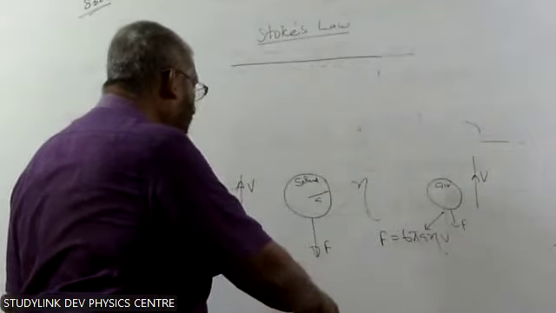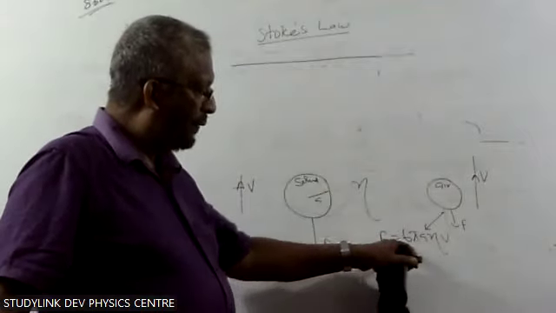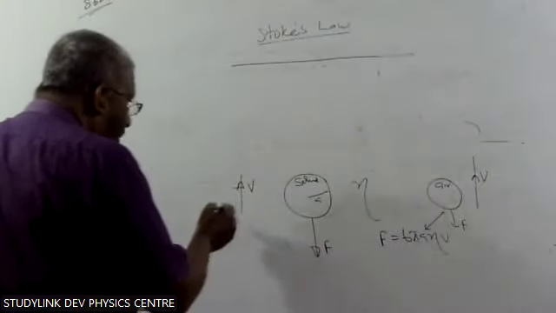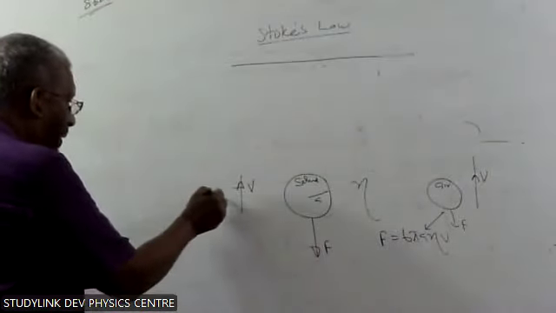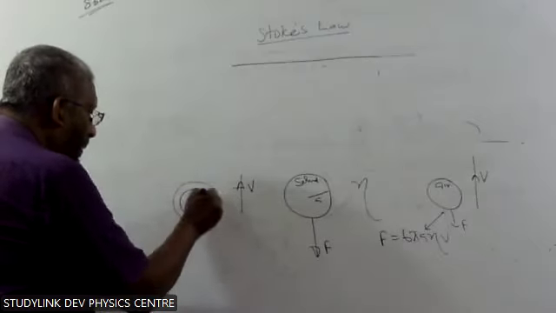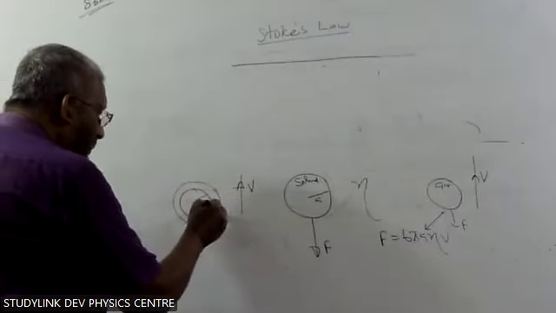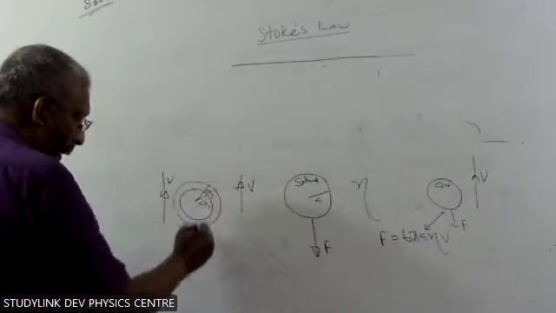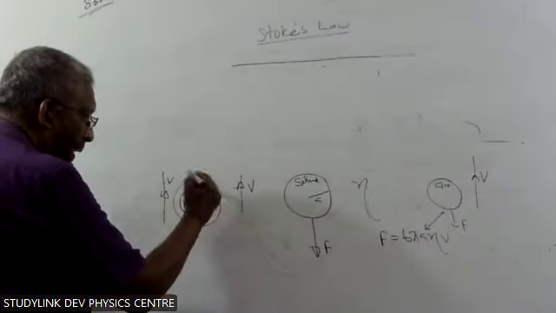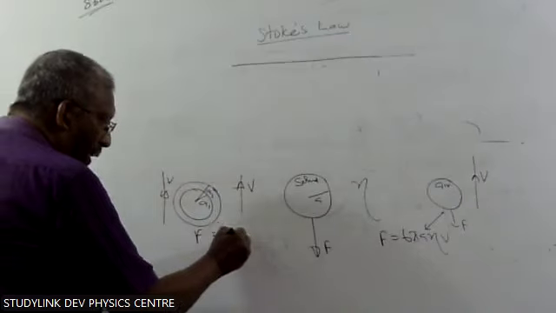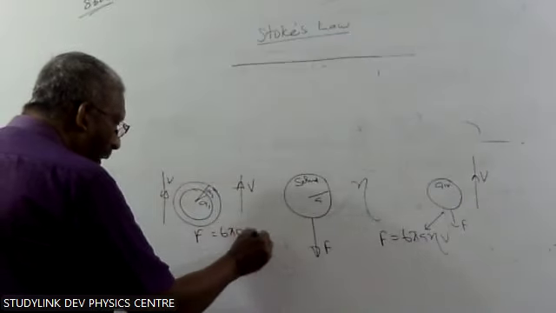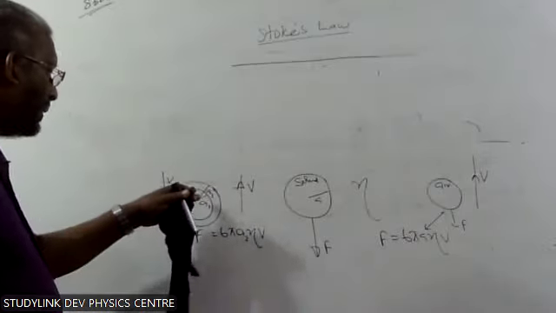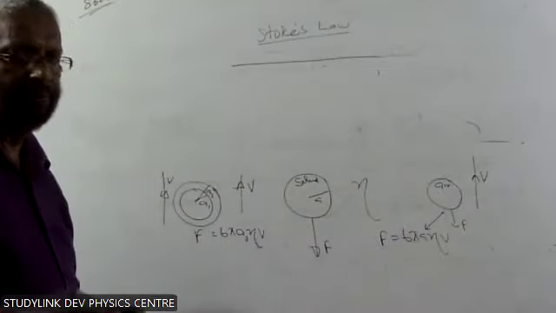Even then we can apply Stokes law, F equals 6 pi A eta V. Even if you consider this solid one, a hollow sphere, then A1 is this, A2 is this, moving upwards with V, and again A2 is to be considered, the external radius. F is equal to 6 pi A2 eta V. I'm using A1, A2 to understand properly the external radius. Not down.